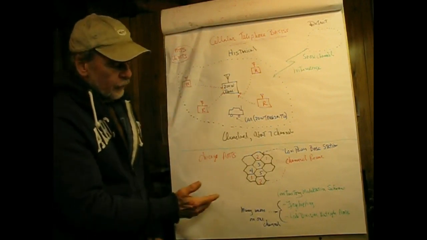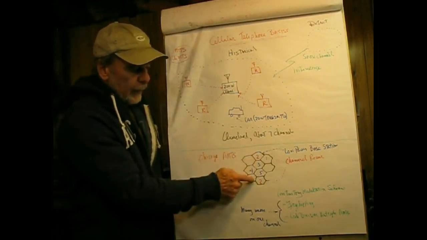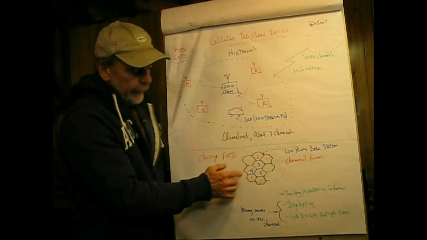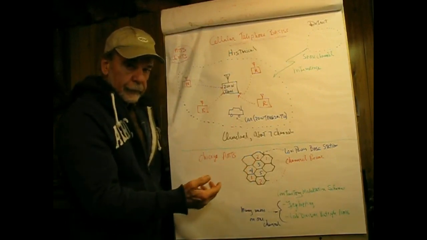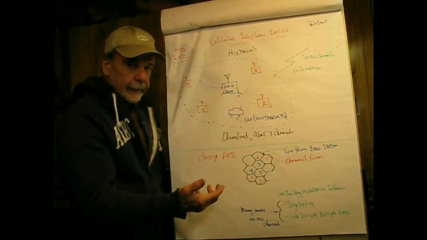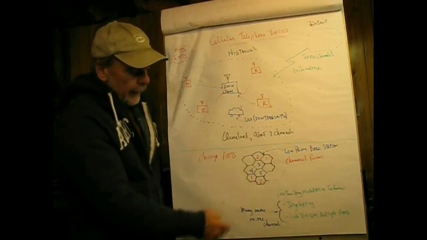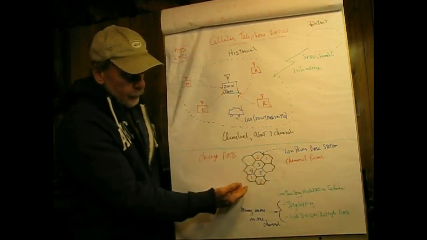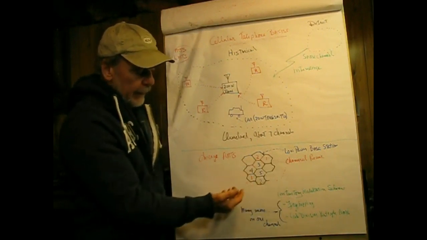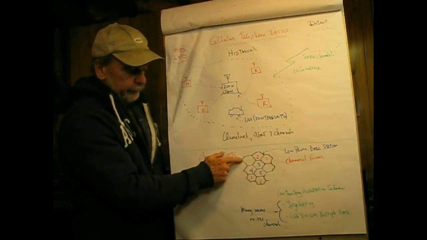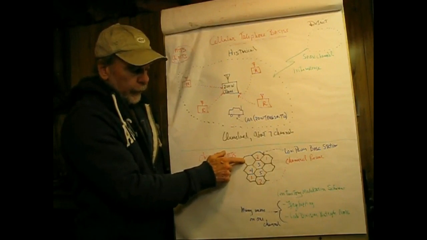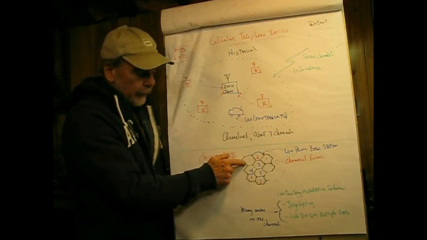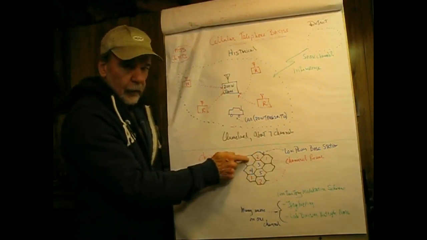Now the cellular system, on the other hand, has very low power transmitters. And obviously the cell phone can't be too big because you hold it in your hand, and that permits what's called frequency reuse. This is usually drawn as a hexagonal pattern, and in some areas where there are a lot of people, they can actually break this down into sub-cells.